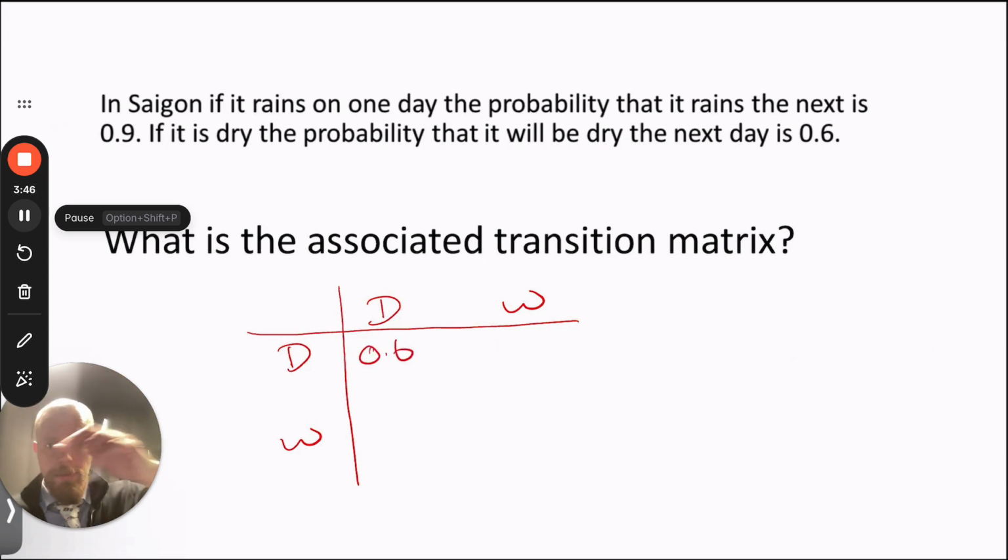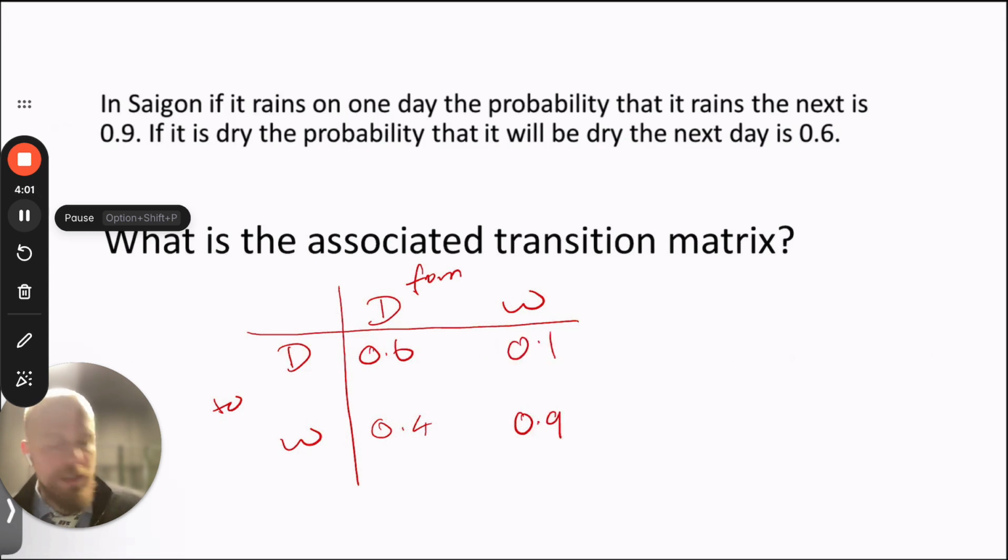Remember, it's from and then to, so I have from here, and then to here. We know the probabilities sum up to 1, so therefore this must be 0.4. If it rains one day and rains the next, that's 0.9, and therefore this one must be 0.1. That shows you that the columns must sum to 1. So we'll say the transition matrix is 0.6, 0.1, 0.4, 0.9.